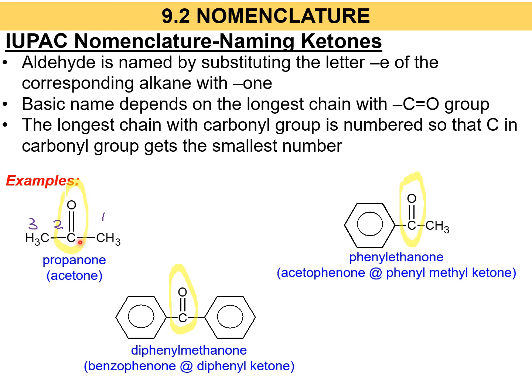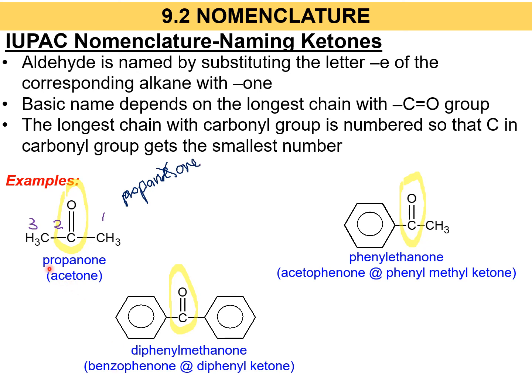At carbon number 2 there is a carbonyl functional group, C double bond O, so we know this is a ketone. We don't actually need to number the position of this carbon number 2. But when you name this whole organic compound, since the parent has 3 carbons, it would usually be propane. But because of the ketone functional group C double bond O, you replace the E with ONE.